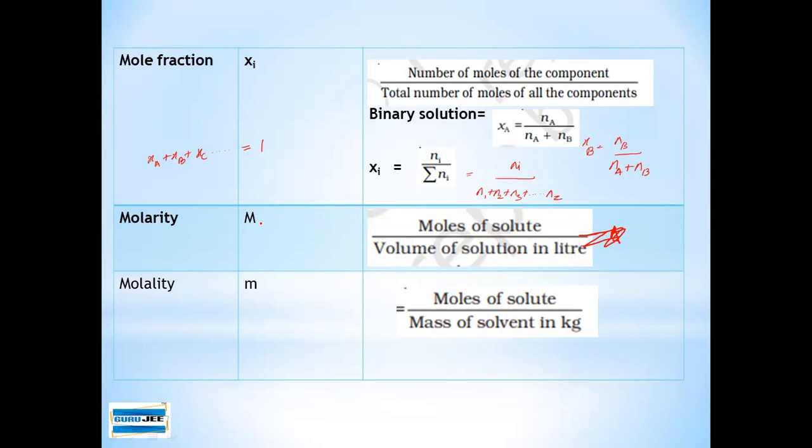For capital M molarity, it is moles of solute divided by total volume of solution. But for smaller m molality, it is moles of solute divided by mass of solvent only, in kilogram. Do you understand? Yes, ma'am.